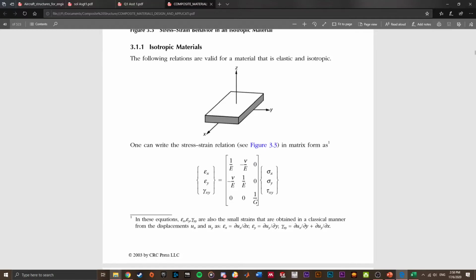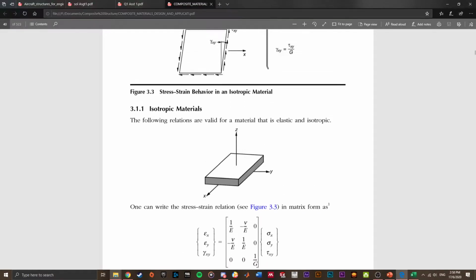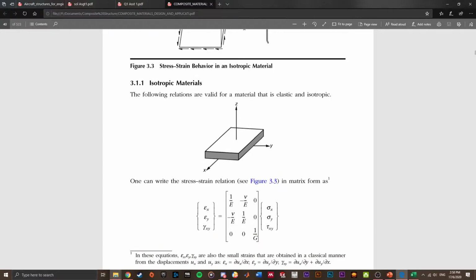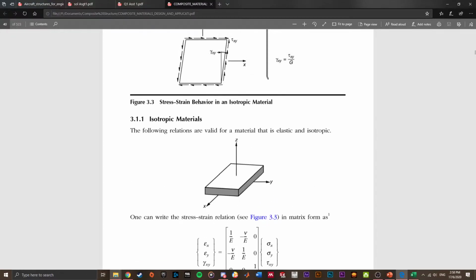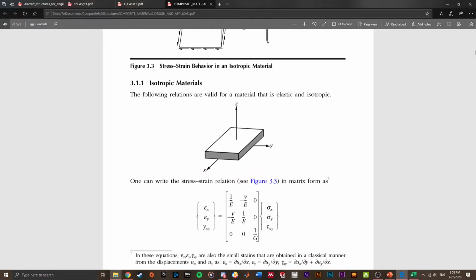From this stress strain relation in matrix form, instead of z that I was talking about just now, we replace it with the other important aspect, which is the shear strain itself, and this is the shear stress.